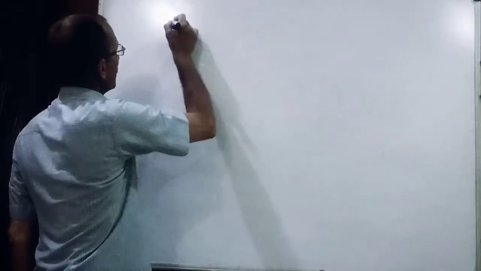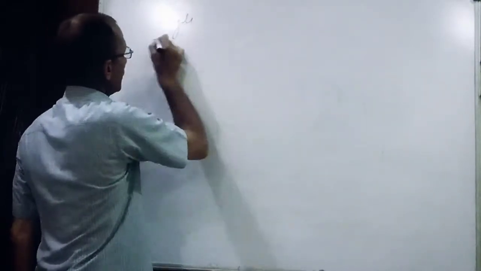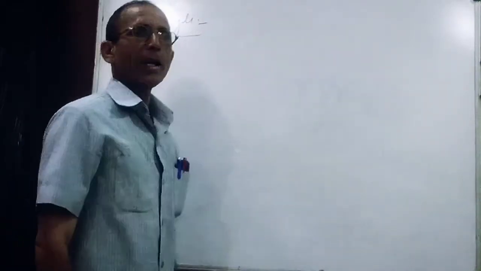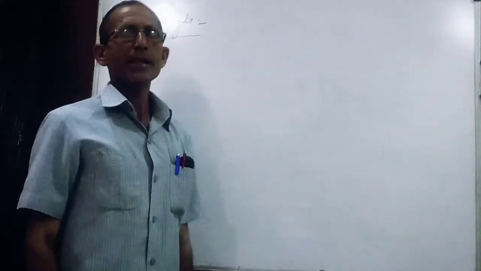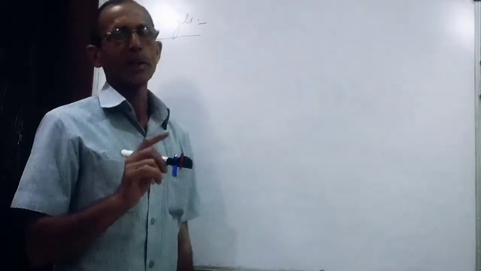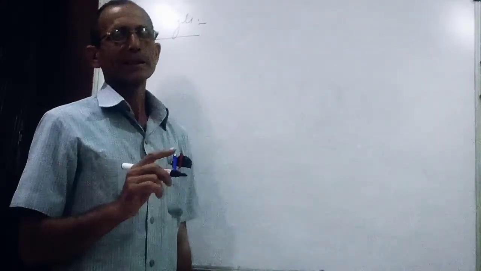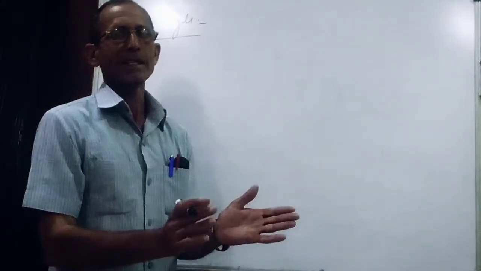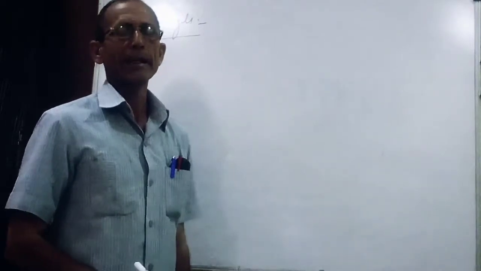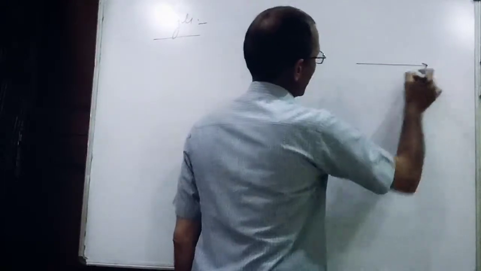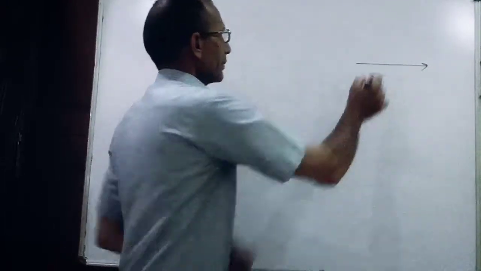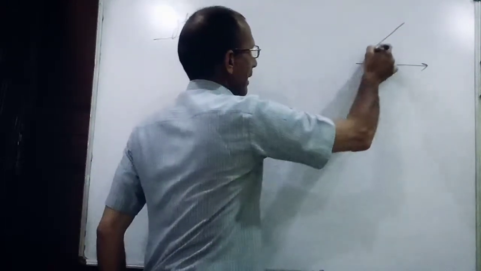Angle. What is an angle? If two rays have an initial point, the area covered by these rays is called an angle. This is a ray and this is another ray.